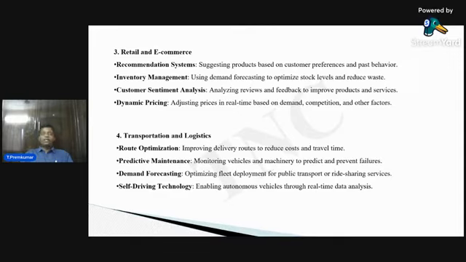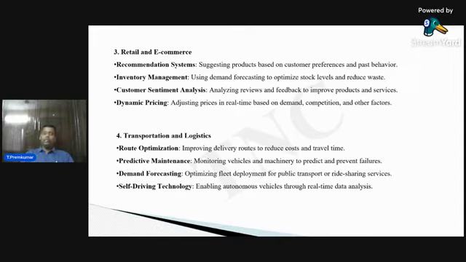Predictive maintenance means monitoring vehicles and machinery to predict and prevent failures. By monitoring the vehicles and machinery, we can continuously find out if any faults or failures occur. In simple terms, it is reviewing the maintenance process.